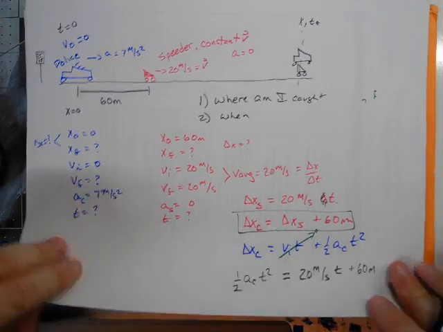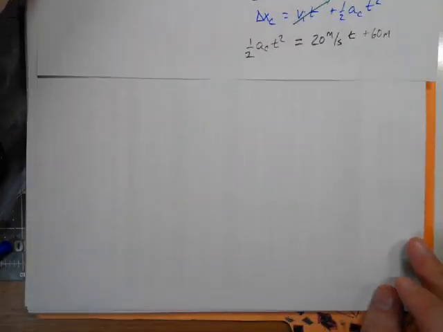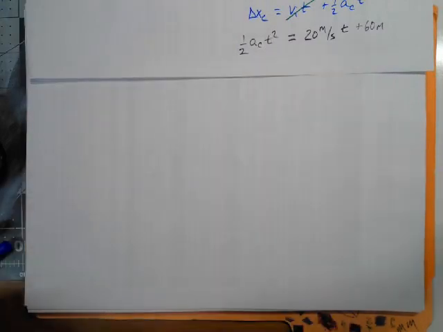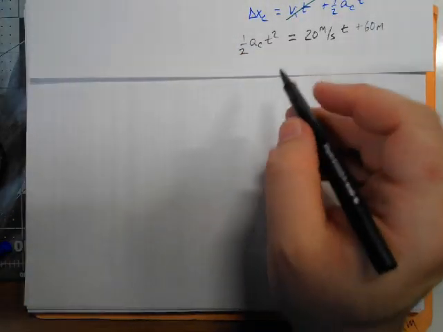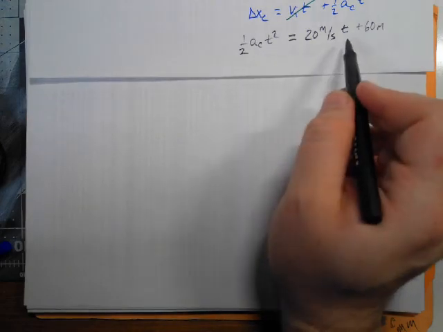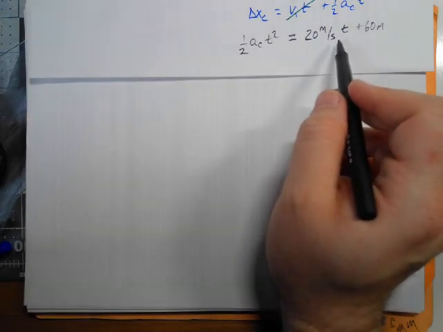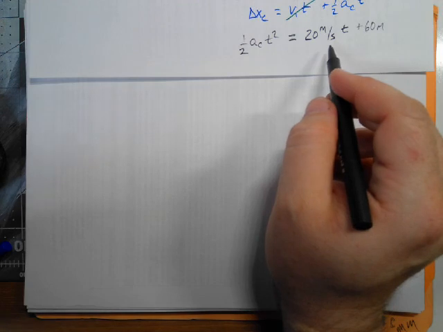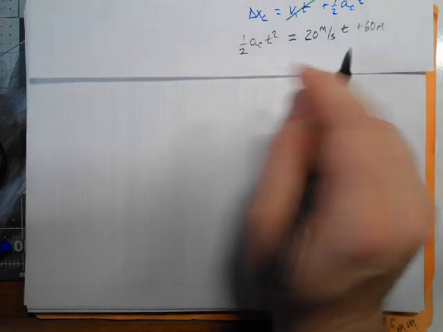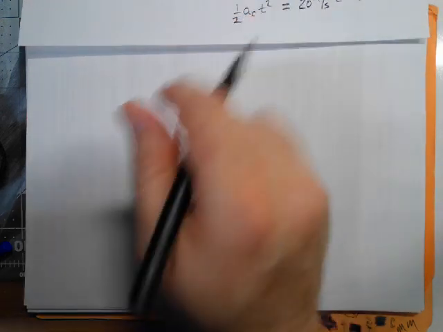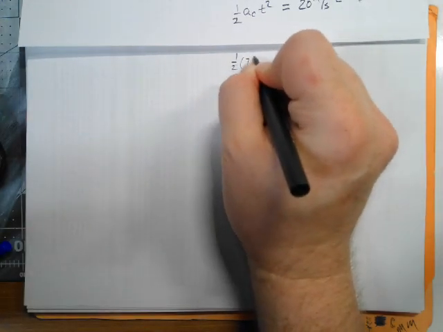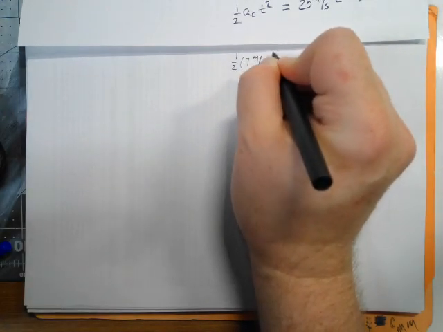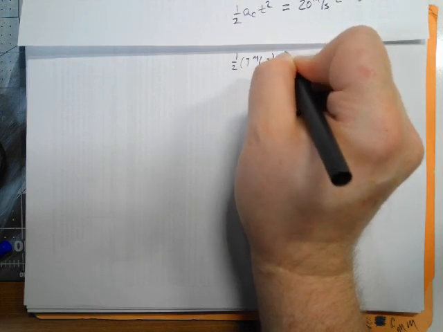So once we have an equation like this, we can start trying to solve it. So we rearrange this a bit. This is going to be a thing where we ultimately have a quadratic. We can start plugging our numbers in. 1/2 7 meters per second squared times t squared.